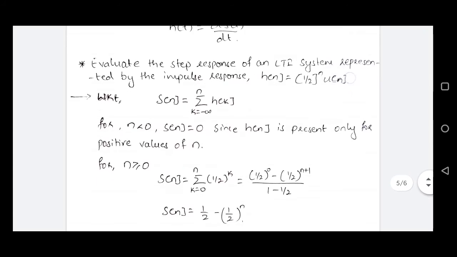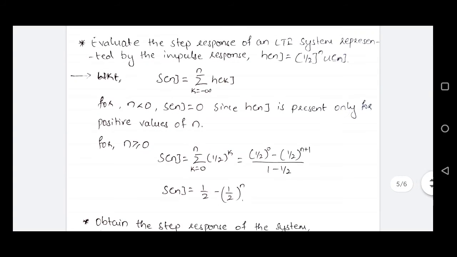Now in the following section, we'll solve some problems to obtain the step response from the impulse response. The first problem we'll consider is to evaluate the step response of an LTI system represented by the impulse response h of n equals half to the power n u of n.